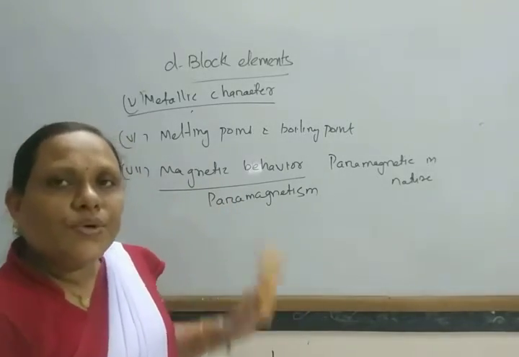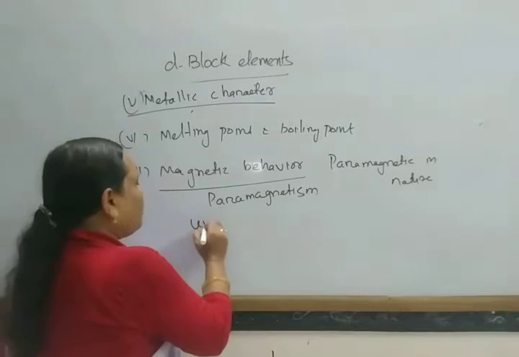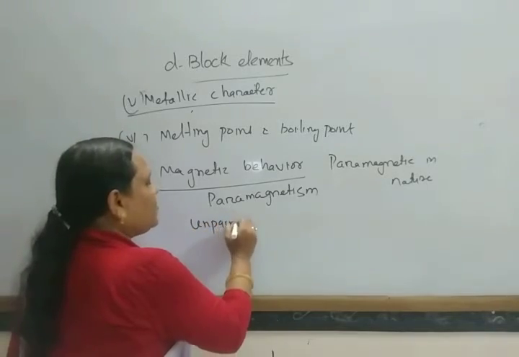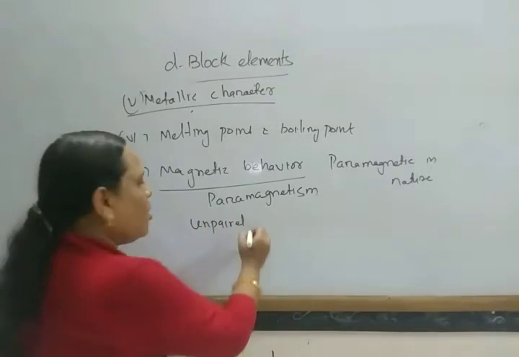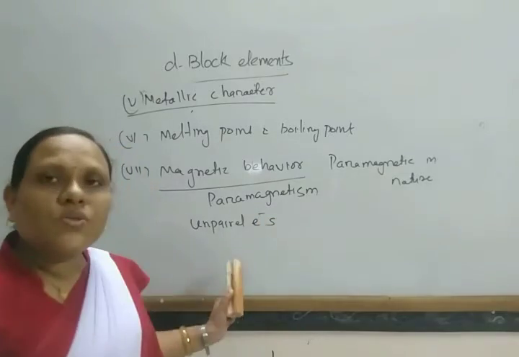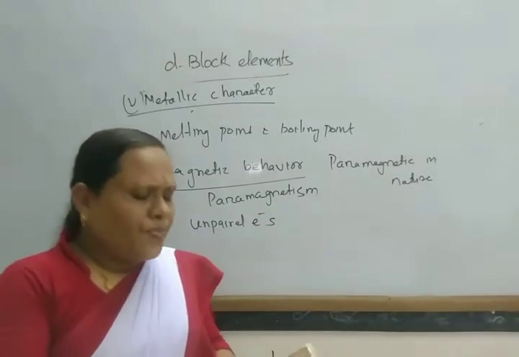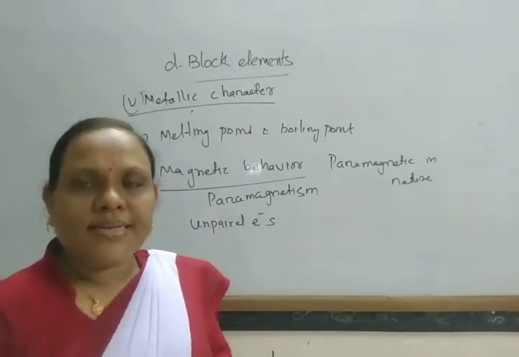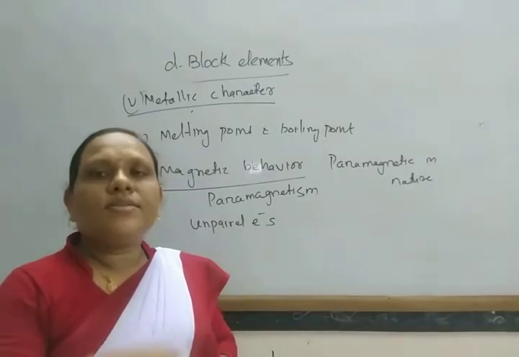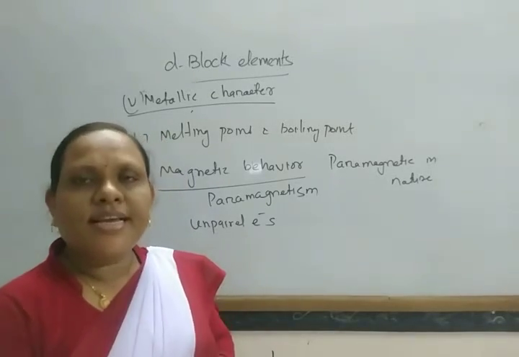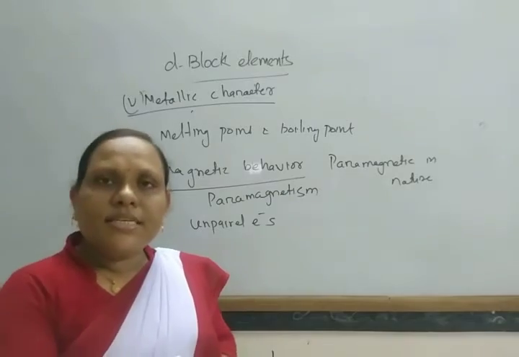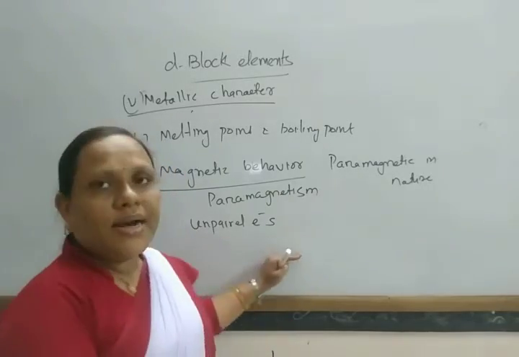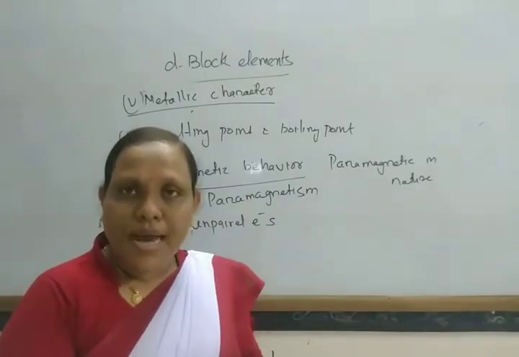Why? That is due to the presence of unpaired electrons in their valence shell. As an electron is a charged particle, it spins around itself, and as it does so it creates a small magnetic field. In this way, if the electrons are unpaired, it shows magnetic behavior.